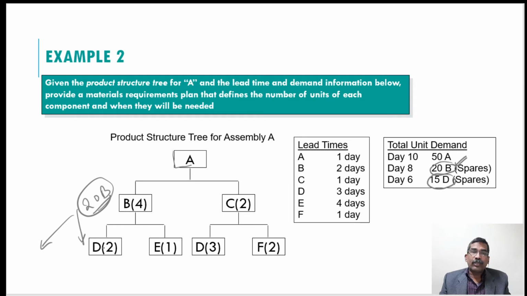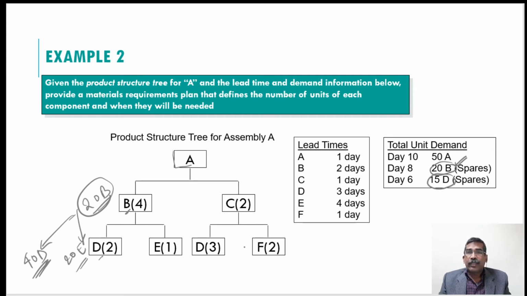So we have to consider D and E also. For one component of B, 2 components of D are required. So 40 components of D will be required as additional, and 20 components of E will be required as an additional part.